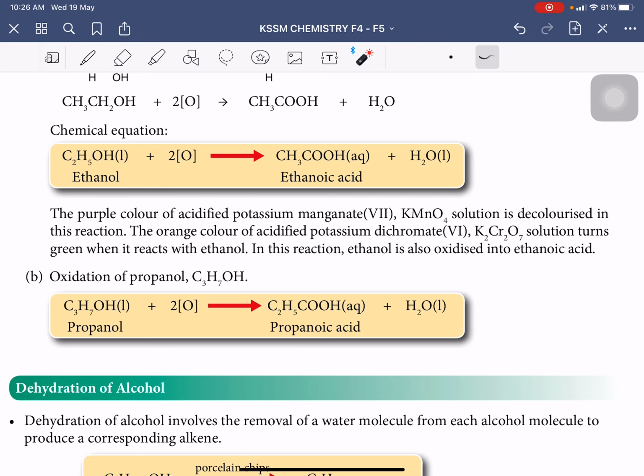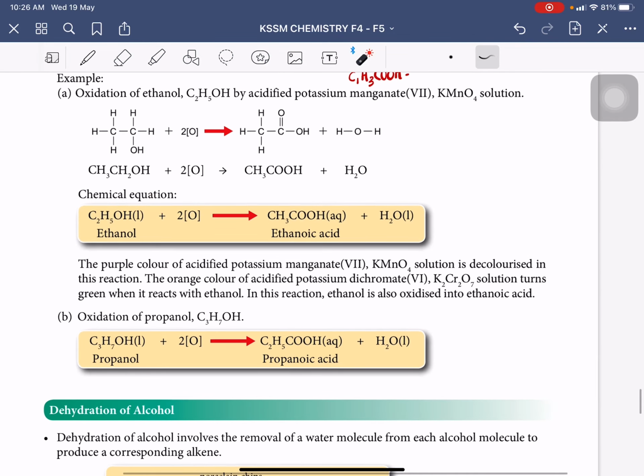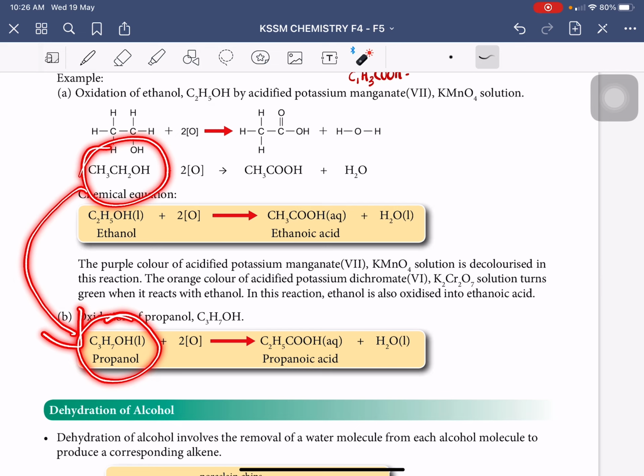Jadi pendek kata, untuk pengoksidaan alkohol, for oxidation of alcohol, we use two types of common oxidizing agent yang ada warna yang berbeza. Kalau kamu guna KMnO4, kamu punya warna solution akan bertukar dari ungu kepada tidak berwarna.